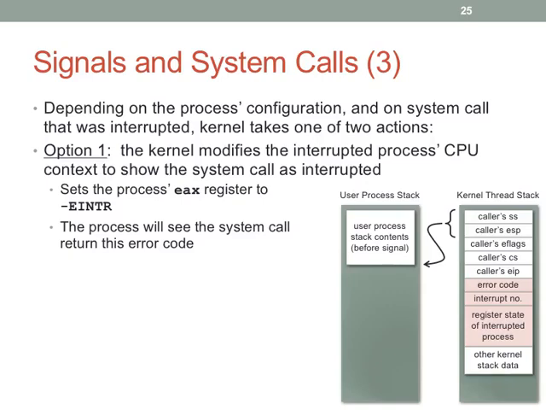When the kernel returns from the trap, the process looks at EAX or RAX and says, oh, I was interrupted, so it can retry it. That's one of the things about systems programming: if you see an interrupted system call, you need to retry it. I don't require you to do that for anything, because we don't do systems programming at that level, but that's what you'd have to do.